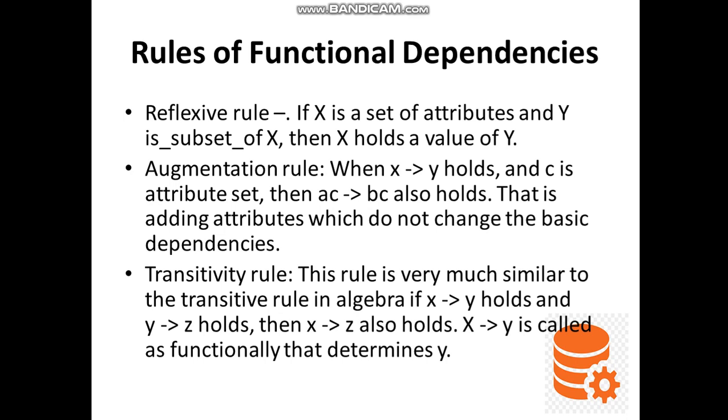This rule is very similar to the transitive rule in algebra. If X tends to Y holds and Y tends to Z holds, then X tends to Z also holds. X tends to Y is called X functionally determines Y. So if X tends to Y holds and Y tends to Z holds, then X tends to Z also holds. This is called transitivity rule.